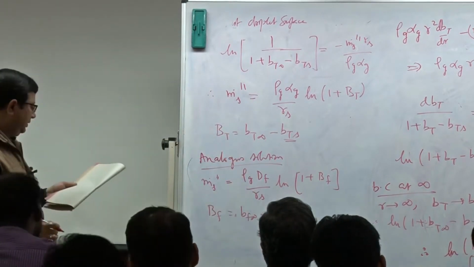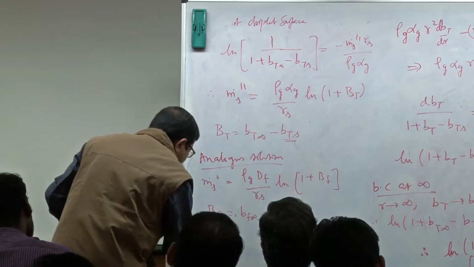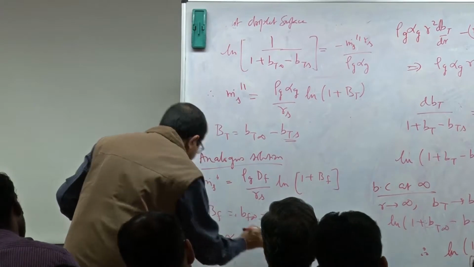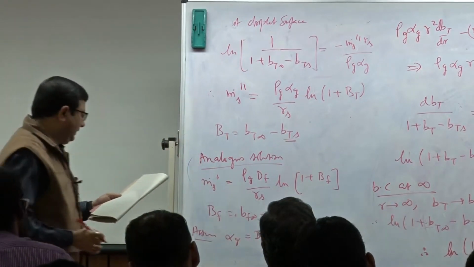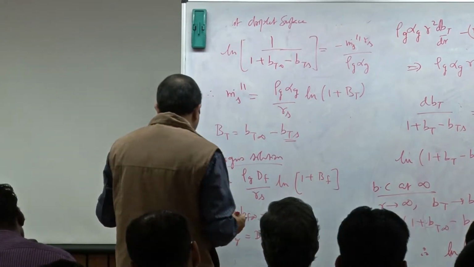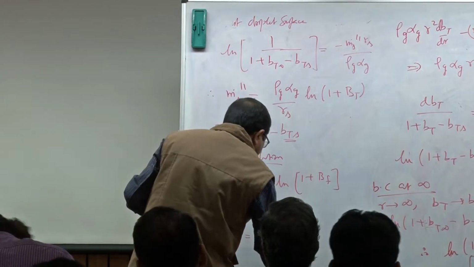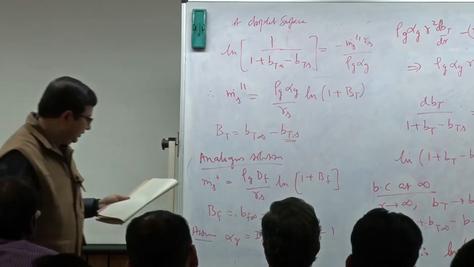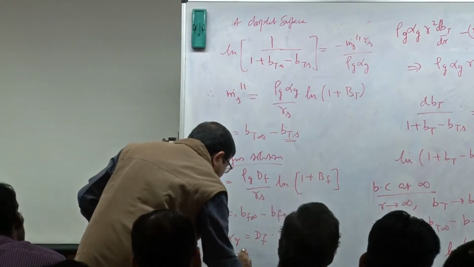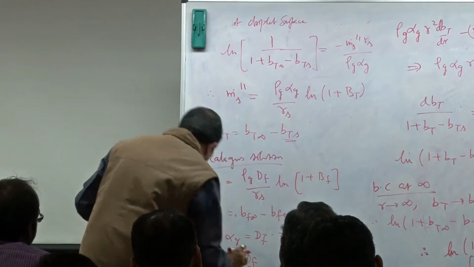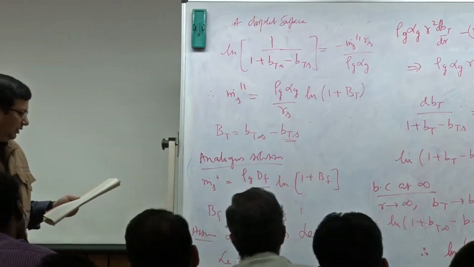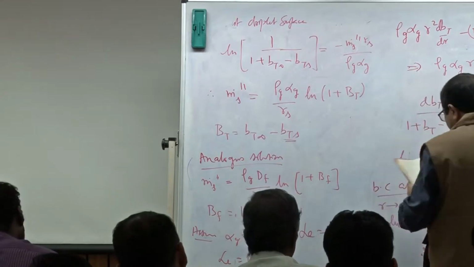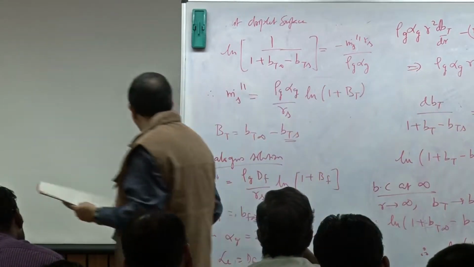Now, if we assume alpha g is equal to Df, which essentially means Lewis number is equal to 1, because Lewis number is defined as Df by alpha g.